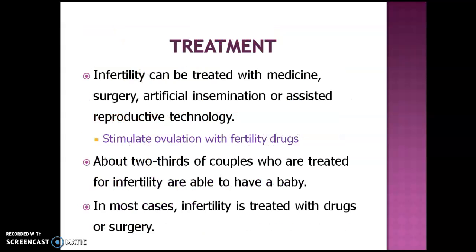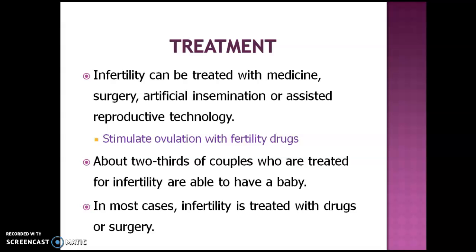Now we'll discuss the treatment. What treatments are possible? We know that medicine, surgery, artificial insemination, and ART, that is assisted reproductive techniques, are the recommended treatment measures for infertility in females.